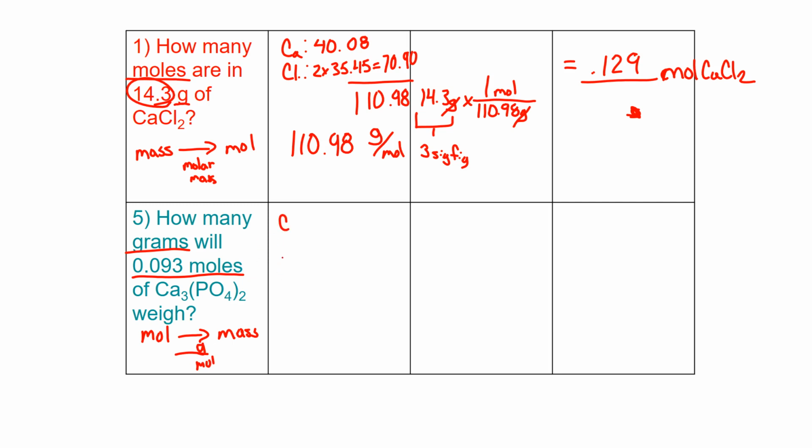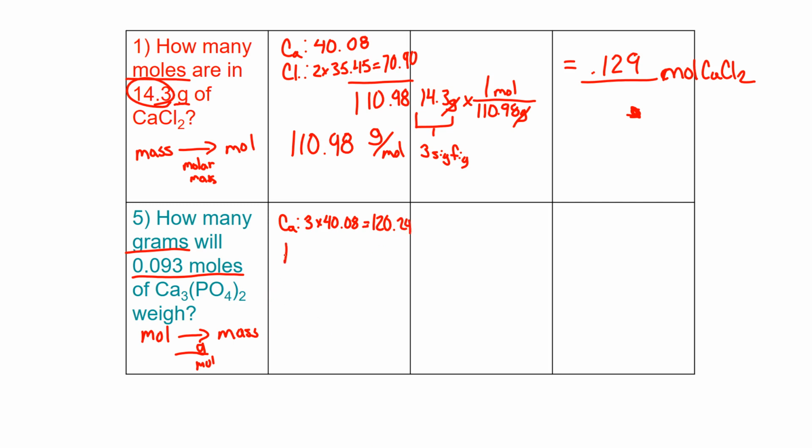So I have calcium, I have 3 times 40.08. So I get 120.24.